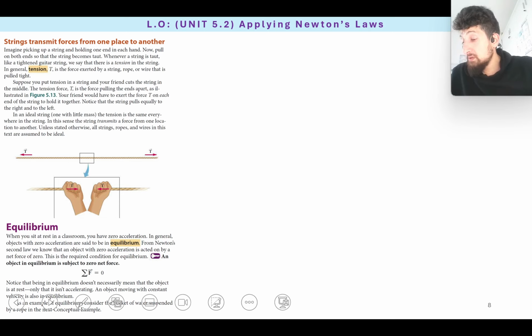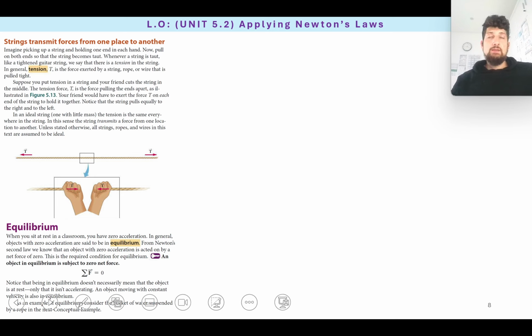Strings transmit forces from one place to another. I'm not going to spend a lot of time on this. All you need to know here is that you can use rope or string to transfer forces from one place to another. Think of a cart being pulled by a cow, or a car that's stuck and somebody pulling the car out, or a trolley being pulled with a rope of sorts.